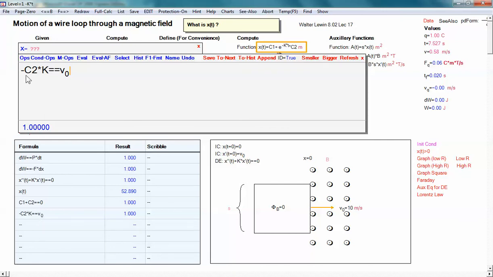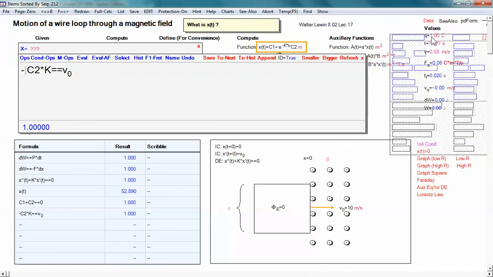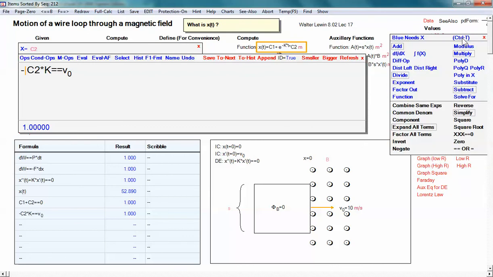We can solve it. Now the first one, what's C2? That's easy. We're just going to bring up our ops again. We're going to tee up that C2, put it in our auxiliary slot, and then solve for it. So C2 is V sub O over K. V sub O, we know, that's our initial velocity, and k is a conglomeration of things that were given to us initially.